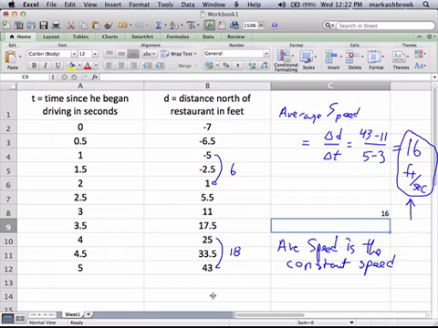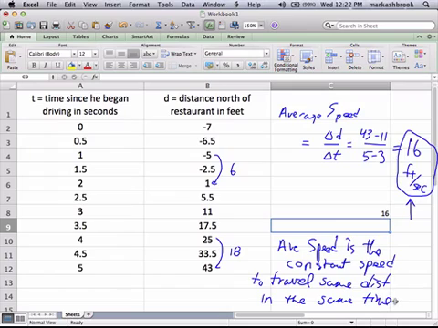Does it make sense? It's kind of like a phantom vehicle or something else that traveled the same distance in the same time, but went at a constant speed. That's what that number 16 means. So the average speed is the constant speed to travel the same distance in the same time.